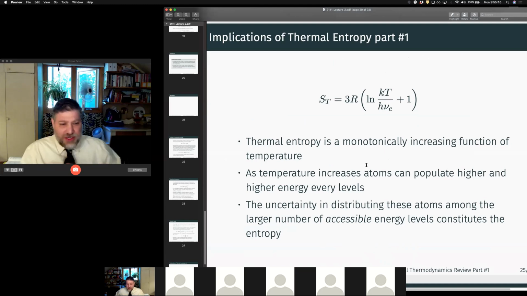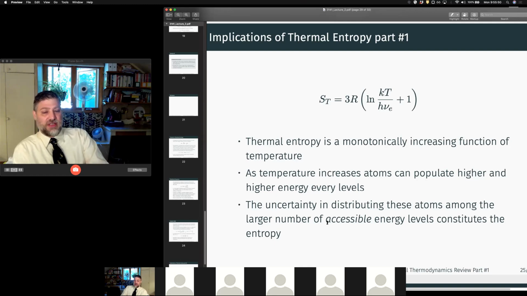So the thermal entropy here is a monotonically increasing function of temperature, right? As temperature increases, atoms can populate higher and higher vibrational energy levels, right? So the uncertainty in distributing these atoms among this larger number of accessible energy levels constitutes the entropy, right? The key thing is we have to make sure these energy levels are accessible, right?